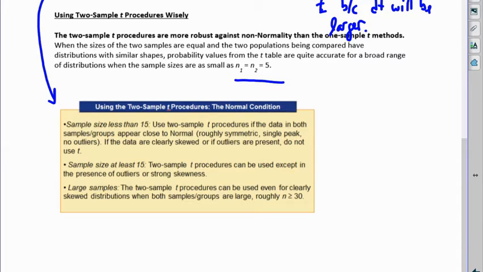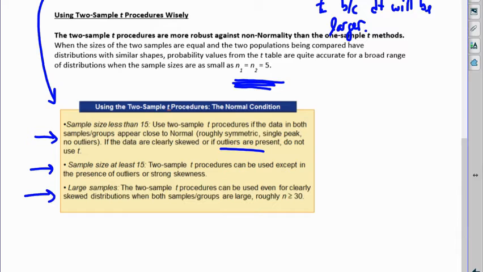Now, reviewing from Chapter 9, when we are less than 15, especially in the cases where we don't have them matching exactly, then we will want to avoid things that have clear skew, and we definitely do not like outliers. If our sample size is at least 15 but less than 30, then even with some skew, that will be fine. But again, we do not use these procedures if we have outliers.